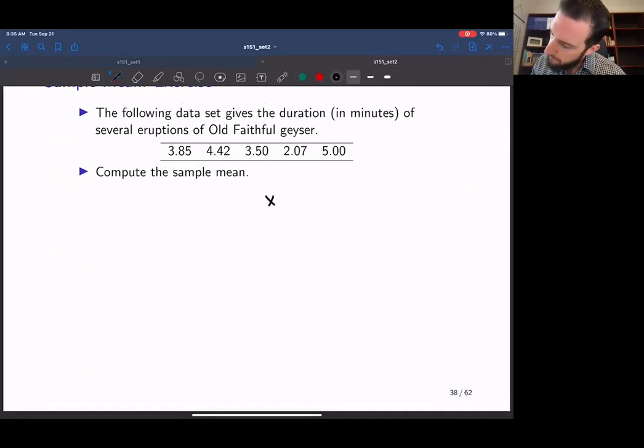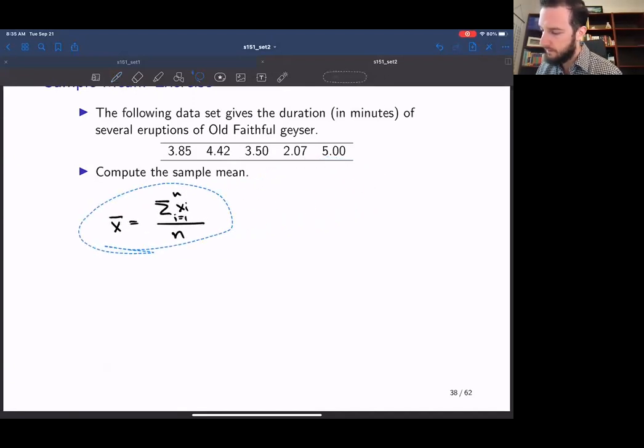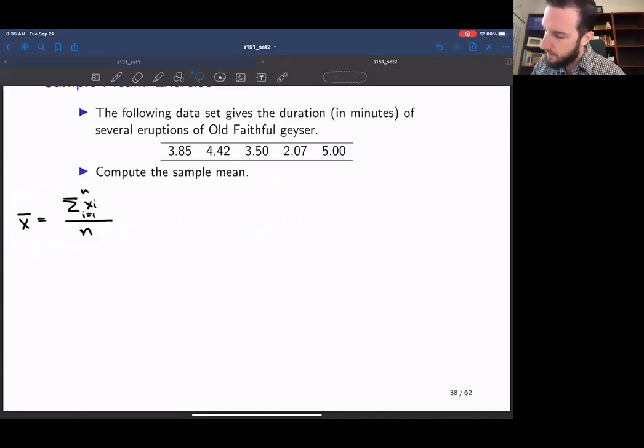All right, so our formula to compute the sample mean is going to be the sum from i equals 1 to little n of xi divided by little n. Okay, so this is how, here, actually, I'm going to move this over here so that it's a little bit more of a logical flow.